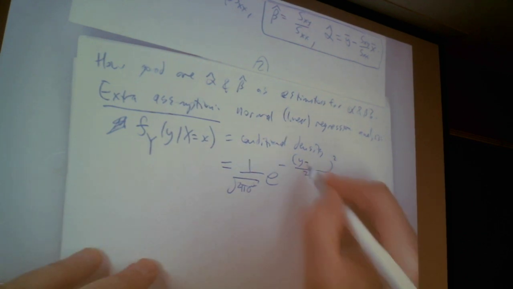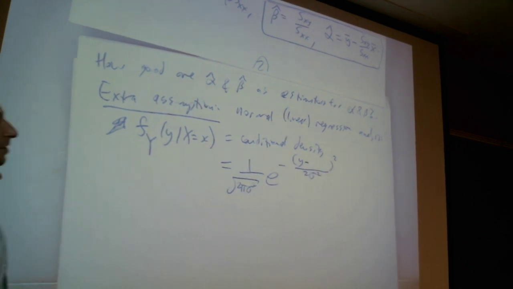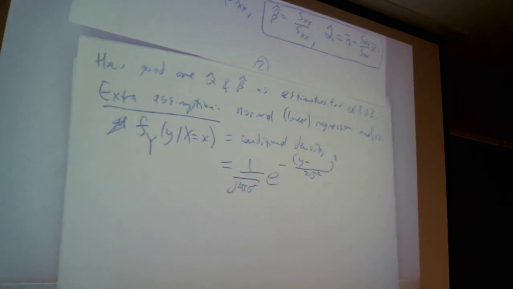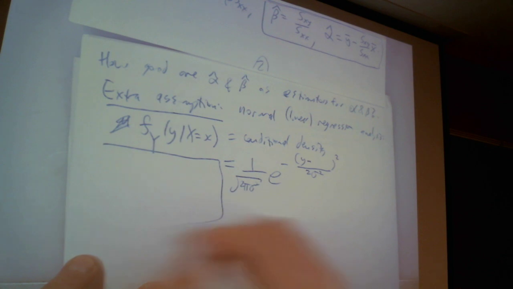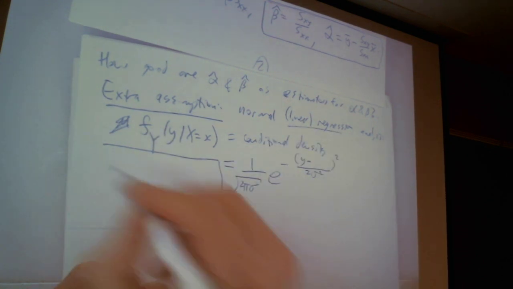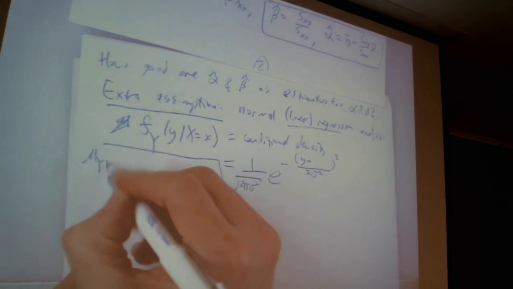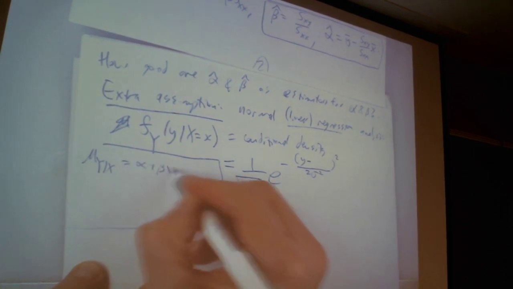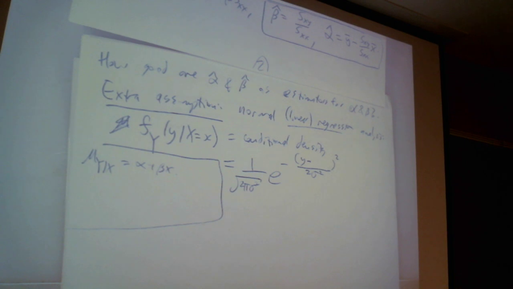But the mean, we're assuming that we have a linear regression. So what should the mean value of y be, assuming x? Remember, what does it mean that we're looking at linear regressions? We're assuming that the conditional expectation of y on x is alpha plus beta x. This is conditional expectation as opposed to conditional density. This is the mean, right?